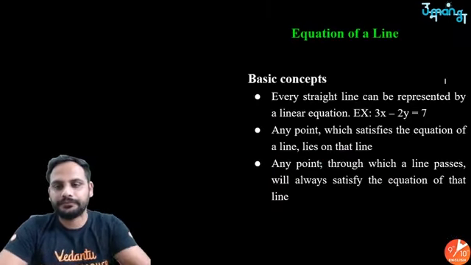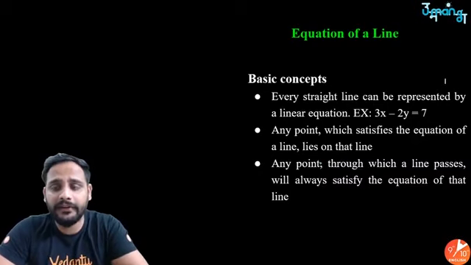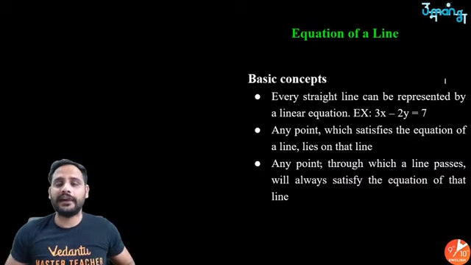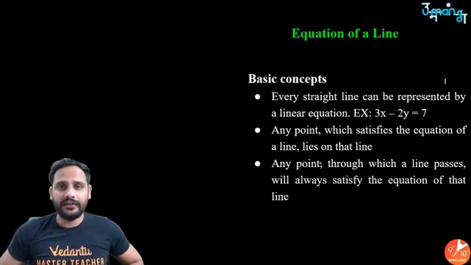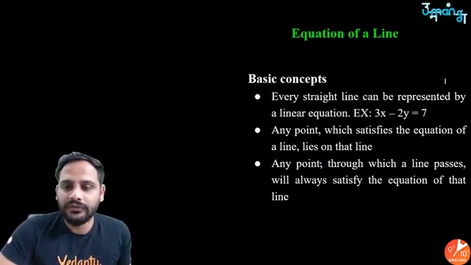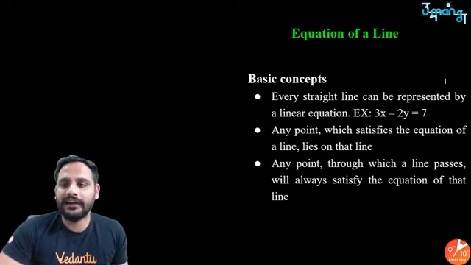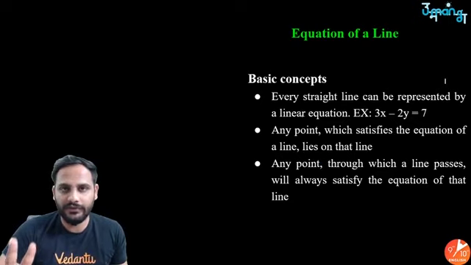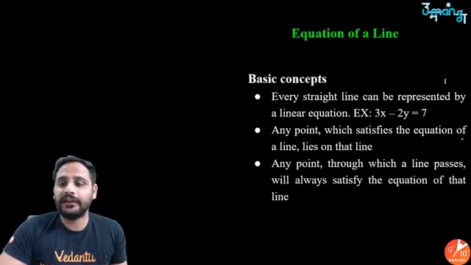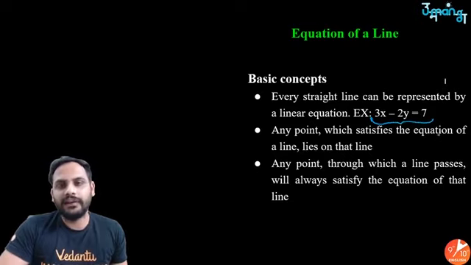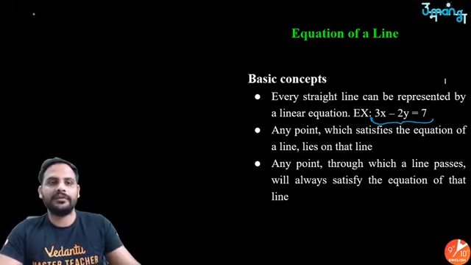Alright? Now, equation of a line. You know that the equation of a line is a linear equation in two variables, right? So we will have the x-axis and y-axis over here, in x and y. Remember this thing, every straight line can be expressed by a linear equation in two variables. Any point which satisfies the equation of a line lies on that line. Now if I have some values of x and y which will satisfy this equation, suppose I have 3x minus 2y is equal to 7.